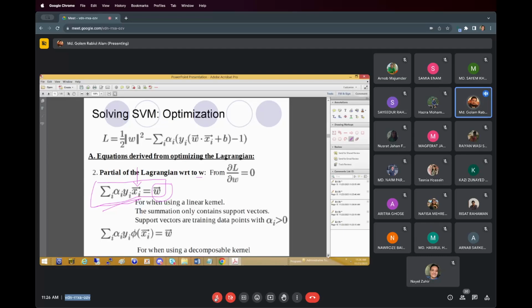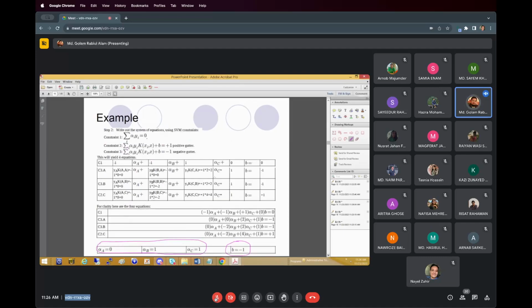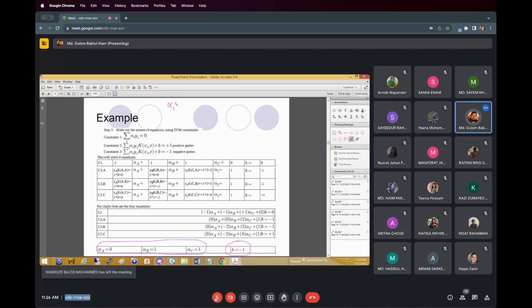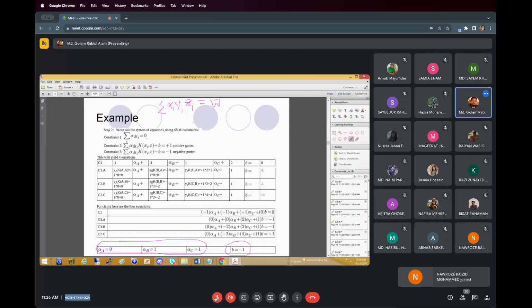From this equation, we can derive the value of W: the summation of alpha i, yi, and xi, where xi is our support vector, equals W. Now if we put the values, i is one time A, another time B, another time C, because we have three support vectors.